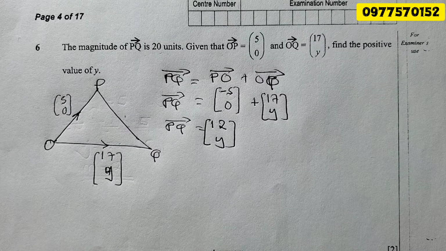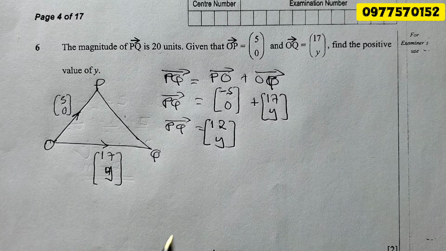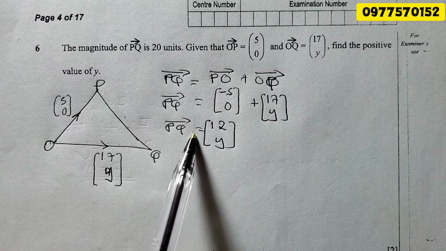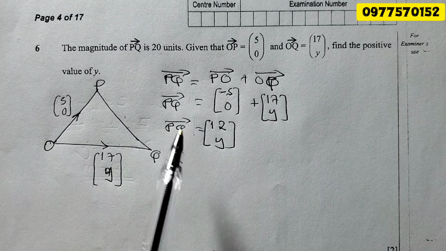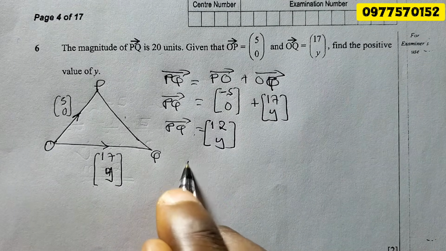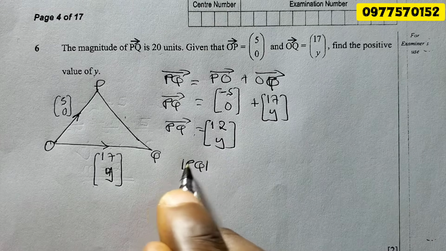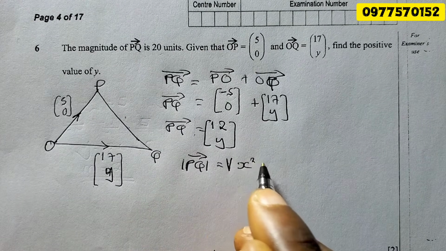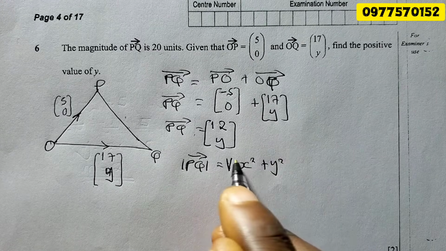Now, we need to find the actual value of y, given that the magnitude of this vector, the absolute value, is 20 units. The formula is this. Magnitude of a vector PQ is equal to the square root of x squared plus y squared.